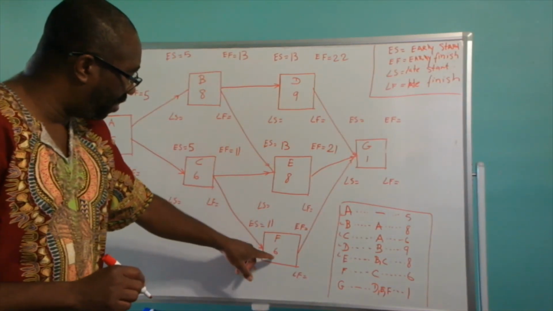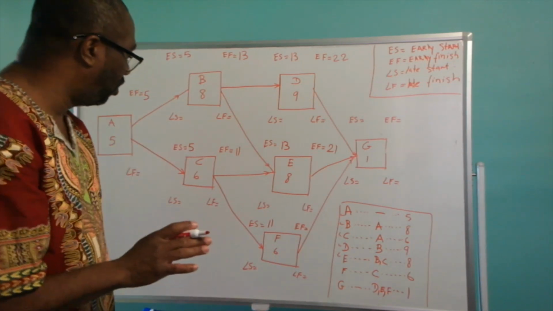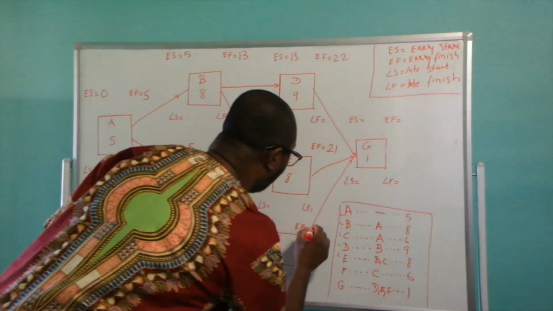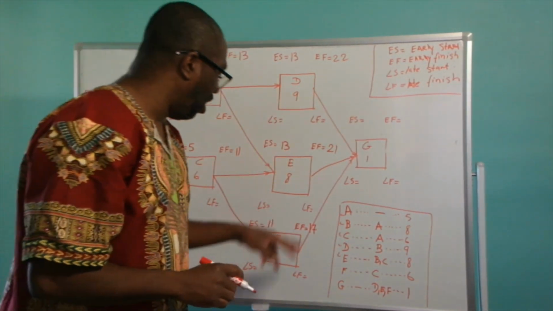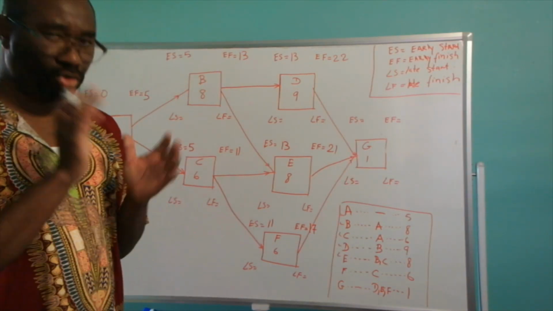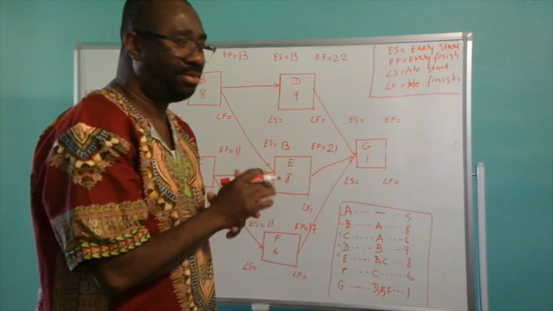Activity F has a duration of 6 days, so it's going to be 11 plus 6, which is 17 days for the early finish for activity F.